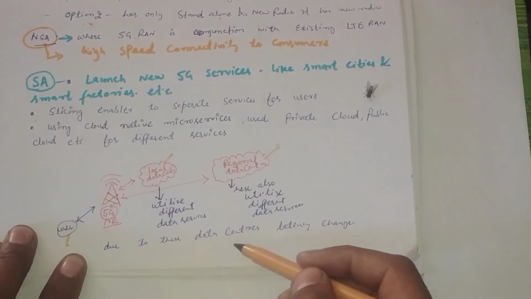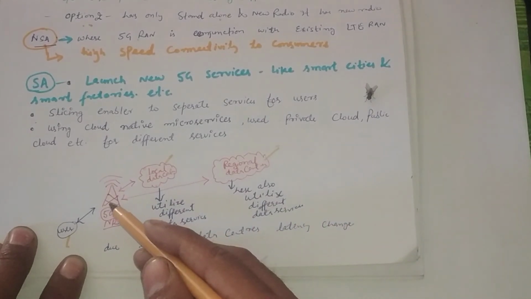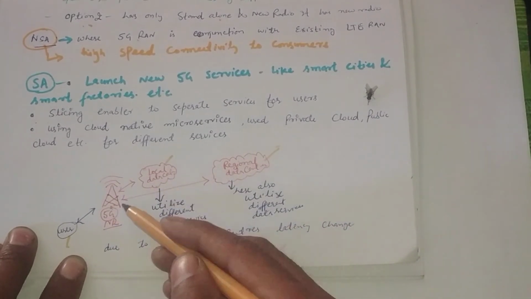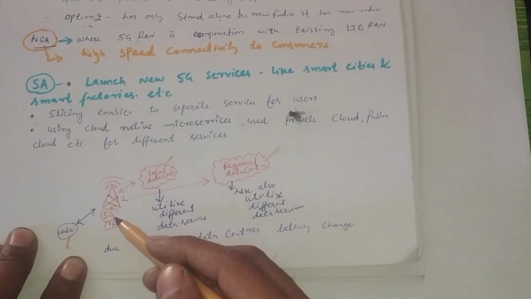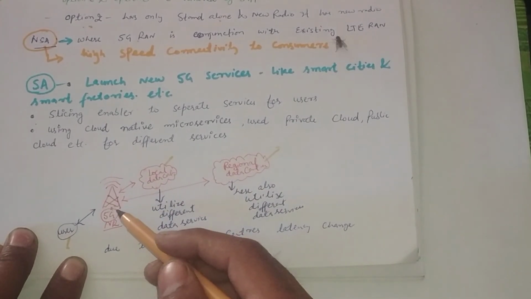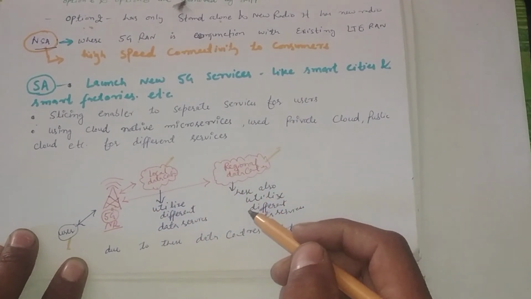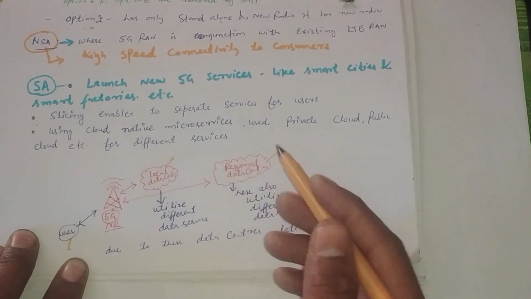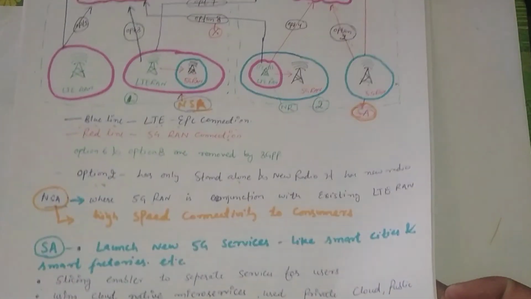And due to these data centers, latencies change. Whenever this base station communicates with this, the latency is small. But when this base station is communicating with this, in that case the chance of latency is large, increasing. So that is all in this lecture.